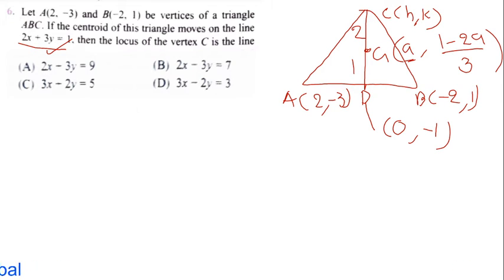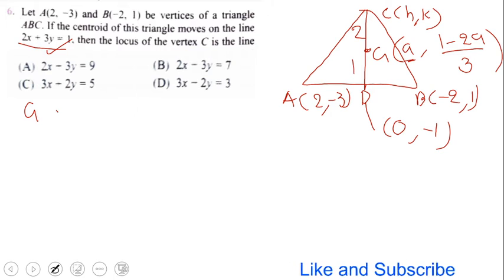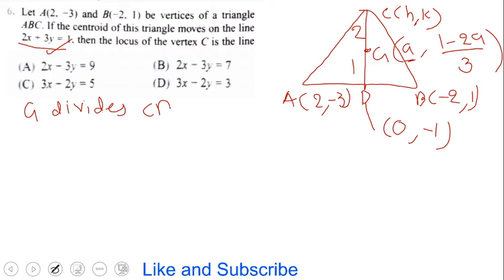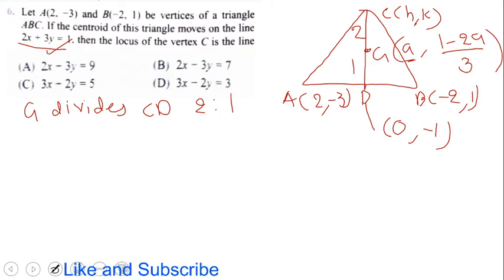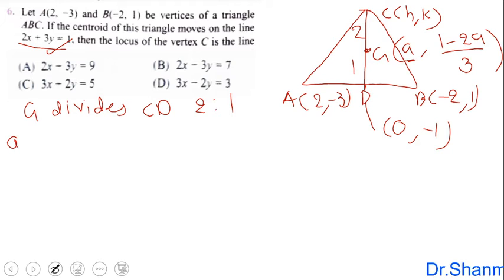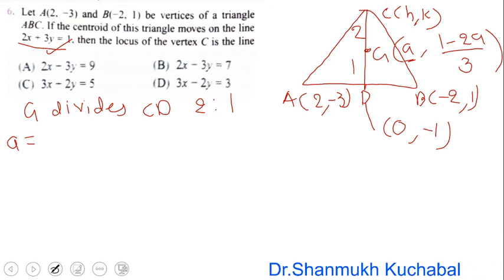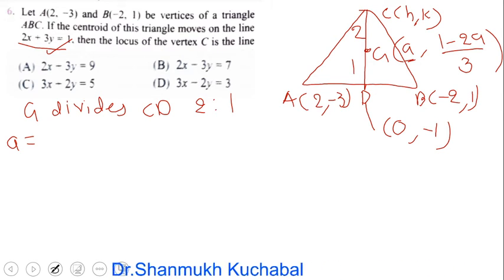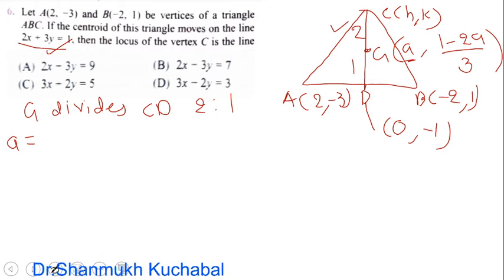Now we will observe that G divides CD in the ratio 2:1 here. Then it divides internally, so we use the internal division formula. So a we are going to get as m1 x2 plus m2 x1 divided by m1 plus m2. M1 is 2, m2 is 1.